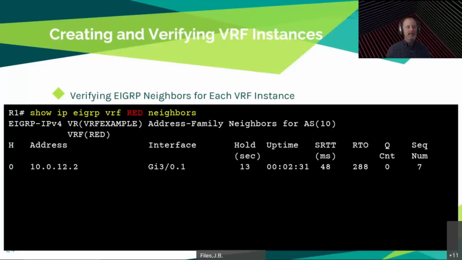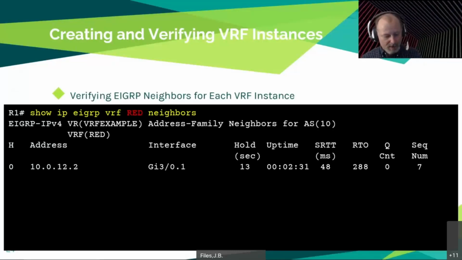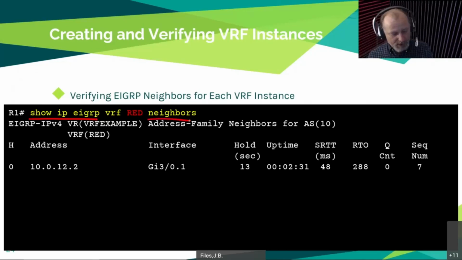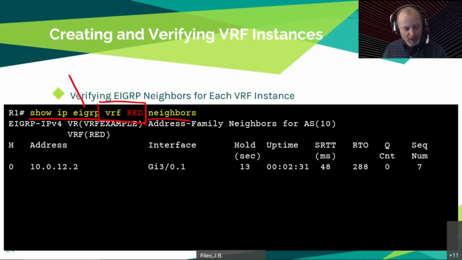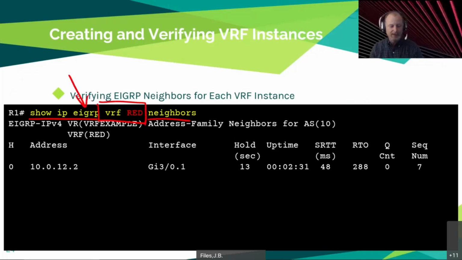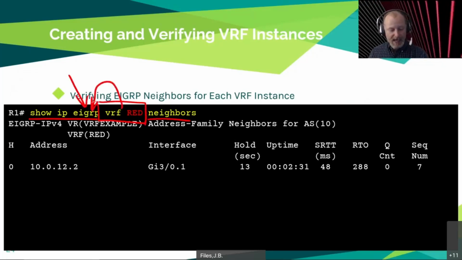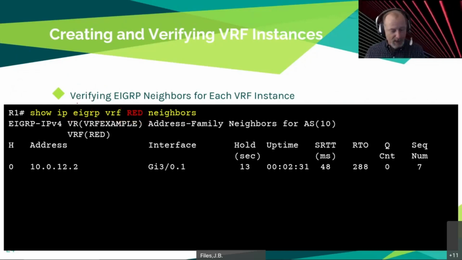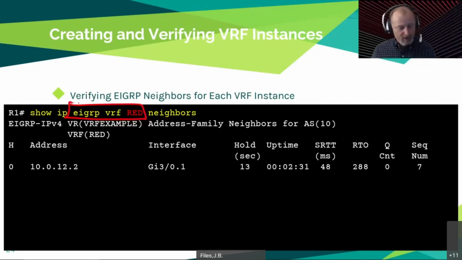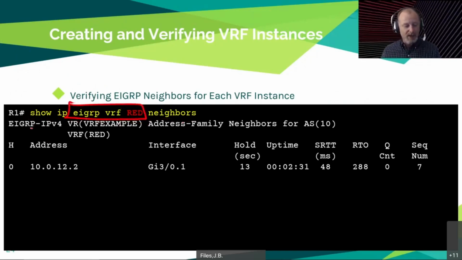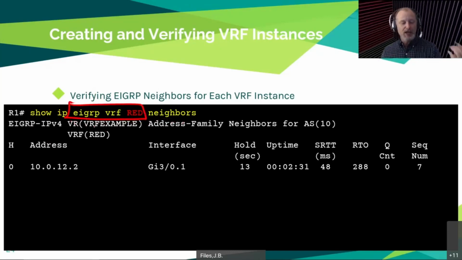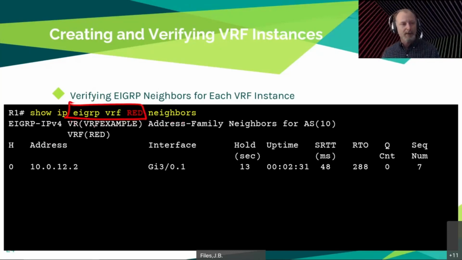Now we could do show IP EIGRP neighbors with the VRF inserted right after EIGRP. The VRF tacks on to the EIGRP, so show IP EIGRP neighbors becomes show IP EIGRP VRF red neighbors.